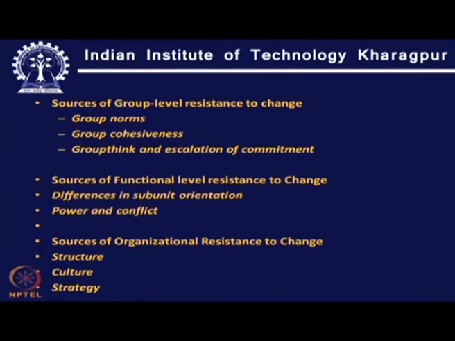And sources of organizational resistance to change are the structure, culture and strategy of the organization, like a mechanistic structure, a very rigid culture, or a bureaucratic organization in nature, or a strategy taken by the organization which is too rigid with little flexibility. All these things will define the organization's sources of resistance to change.